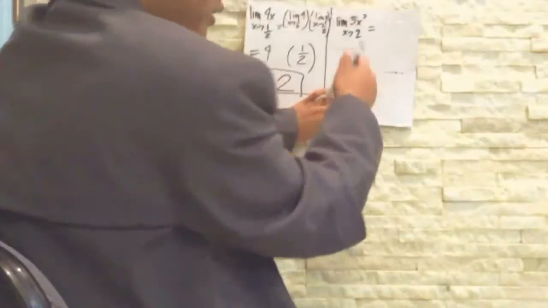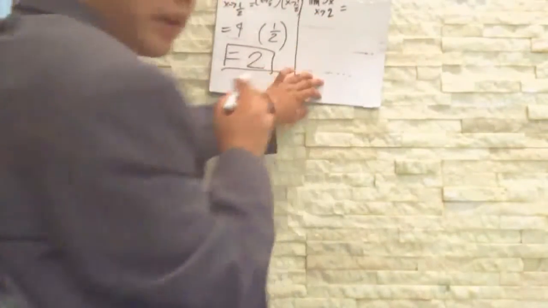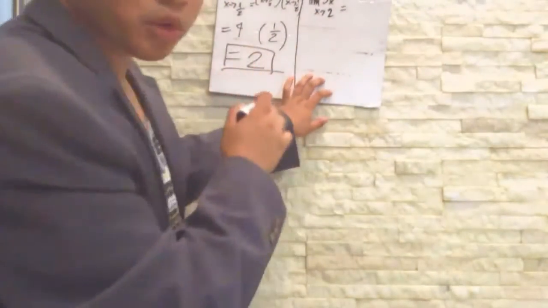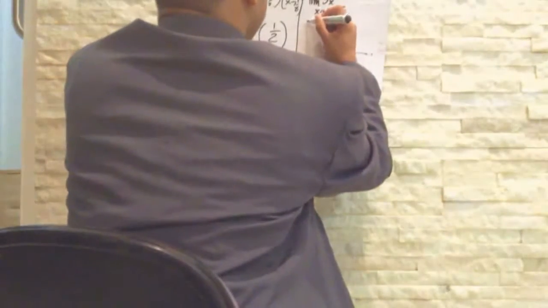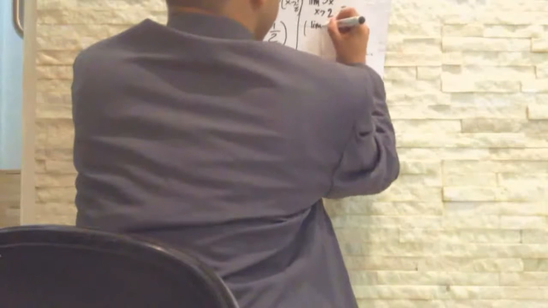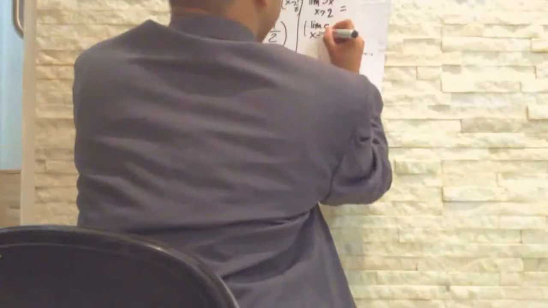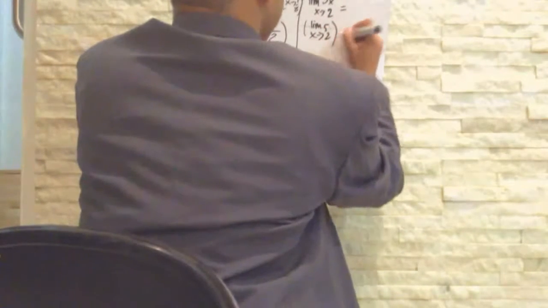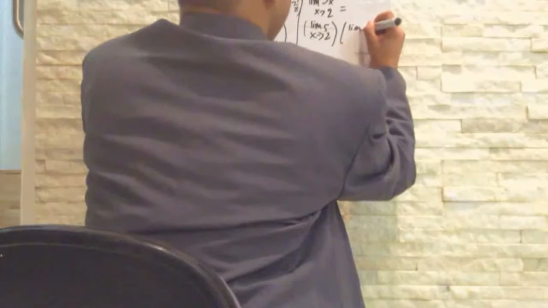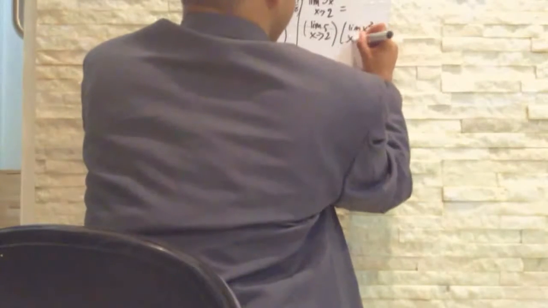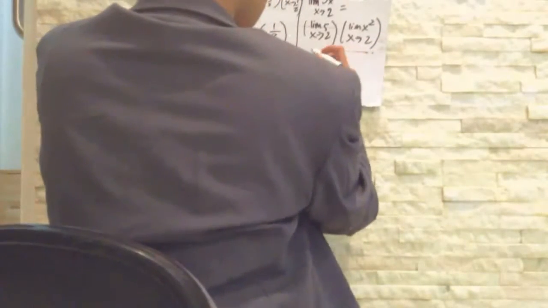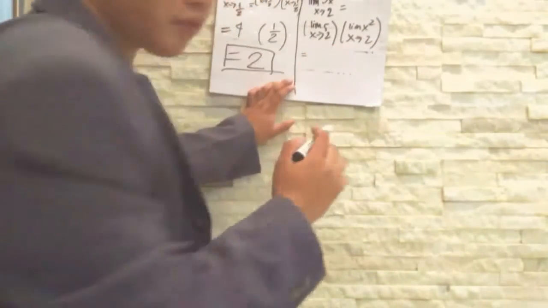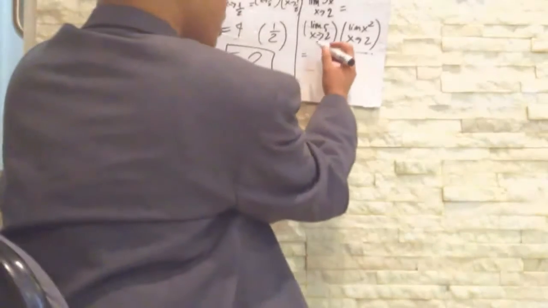The other example, we have limit of 5x squared as x approaches 2. We will separate the two terms. Limit of 5 as x approaches 2, and limit of x squared as x approaches 2. First rule, constant theorem.